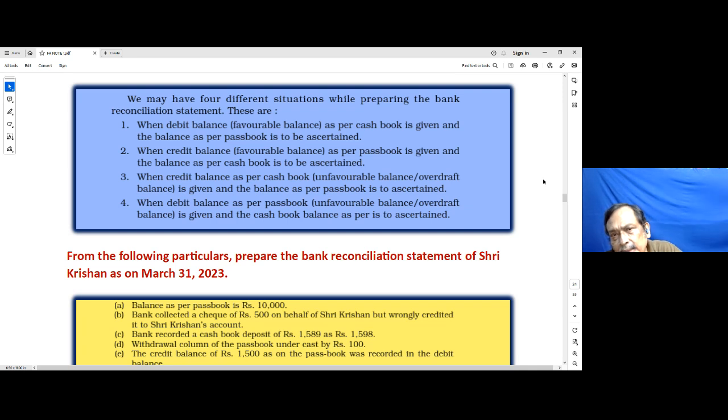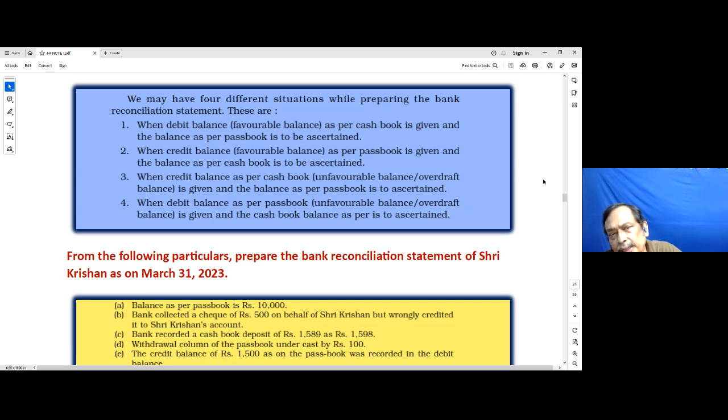So starting with favorable balance as per cash book and ending with ascertainment of bank balance as per passbook. Number 2, when credit balance, favorable balance as per passbook is given and the balance as per cash book is to be ascertained.